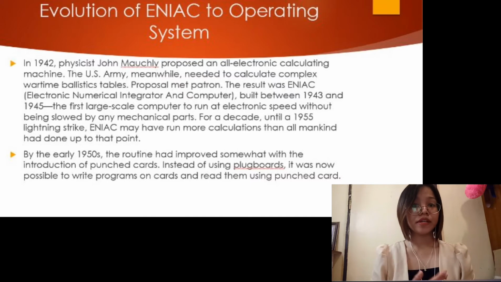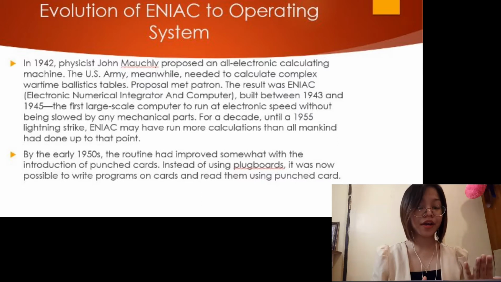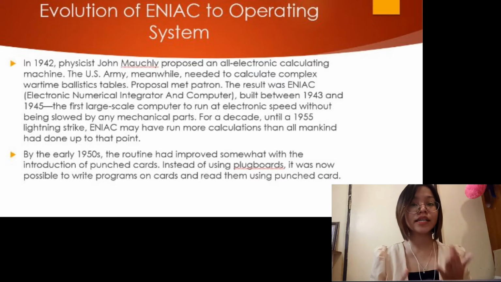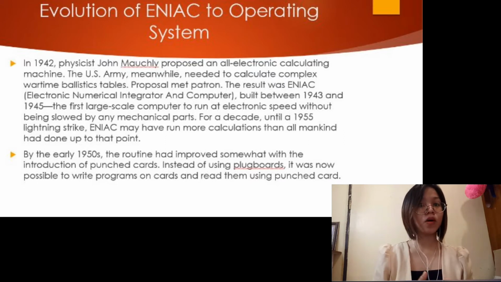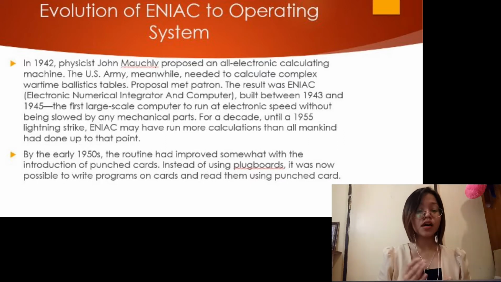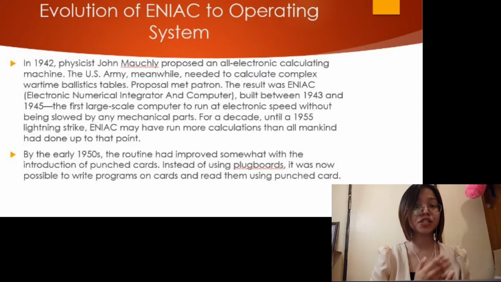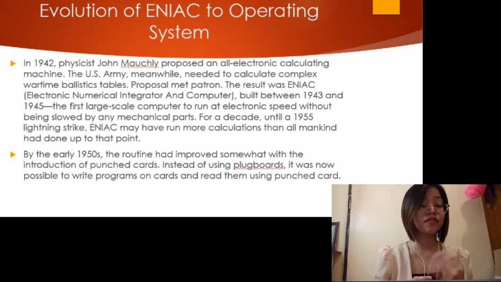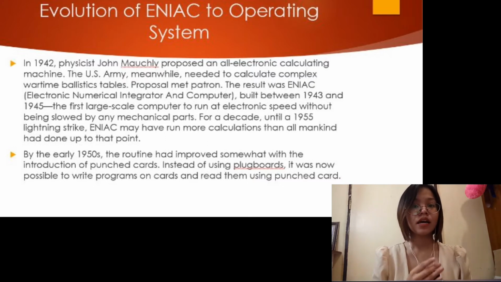Evolution of ENIAC to operating system. In 1942, physicist John Mauchly proposed an electronic calculating machine. It's because back then, the US needed to calculate complex wartime ballistic tables. And because of this, ENIAC, which we call Electronic Numerical Integrator and Computer, was developed between 1943 and 1945.